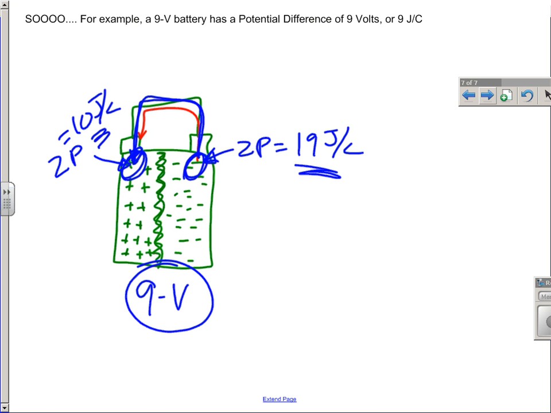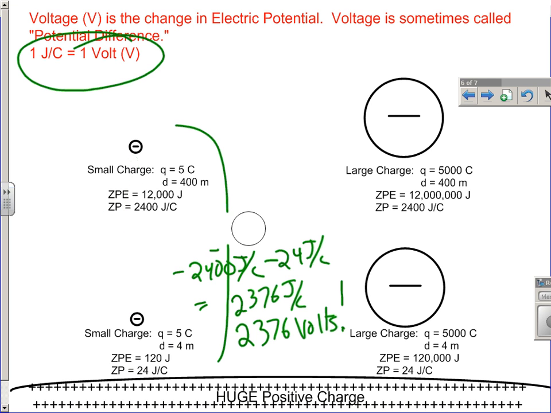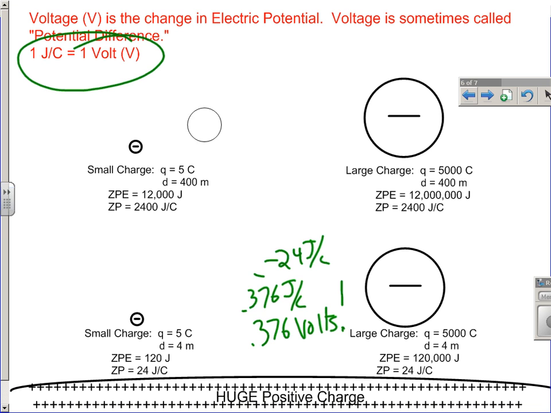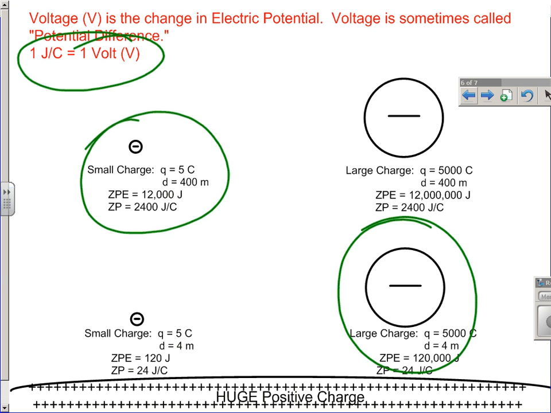All right? So going back to this, why is the Van de Graaff generator relatively safe? Well, let's suppose the Van de Graaff generator is 10,000 volts. But let's for a minute pretend it was 2,400 volts. Would you rather have a little mouse drop on you or a giant elephant drop on you? The answer is the little mouse, right?